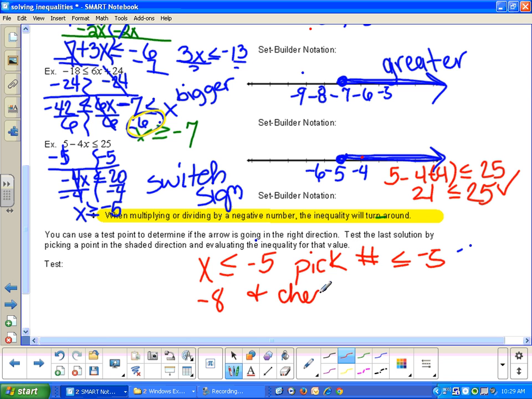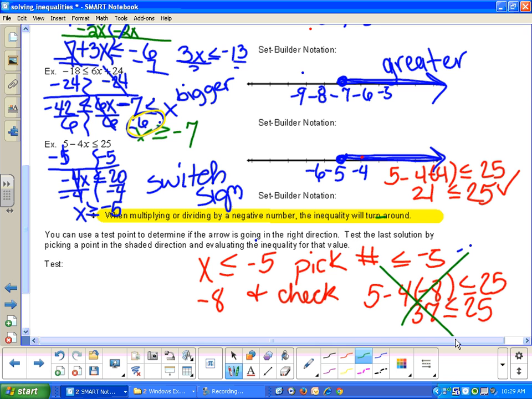We're going to check it. Well, 5 minus 4 times negative 8 less than or equal to 25. Well, this is 32 plus 5 is 37. Is that true? No, that's not true.